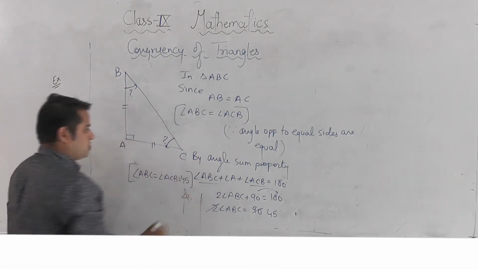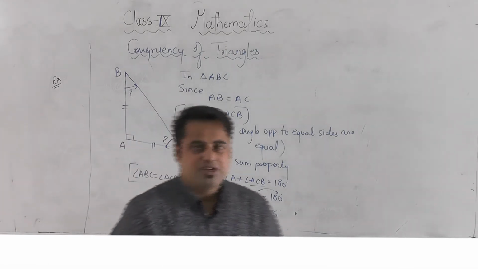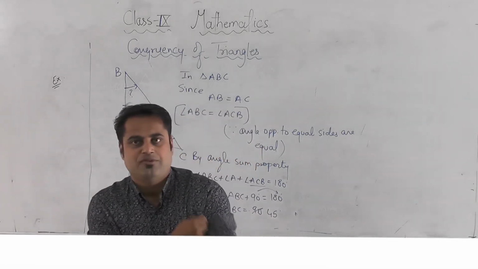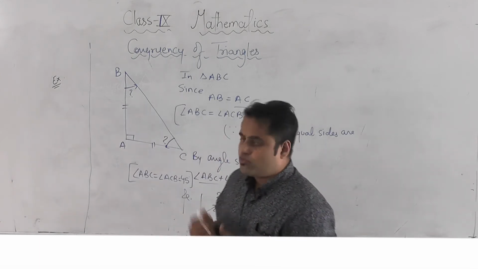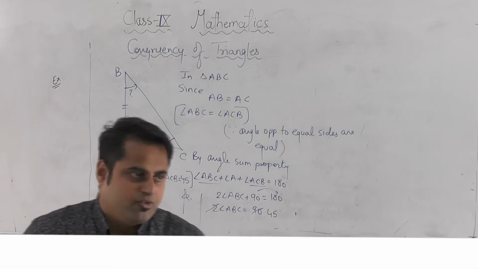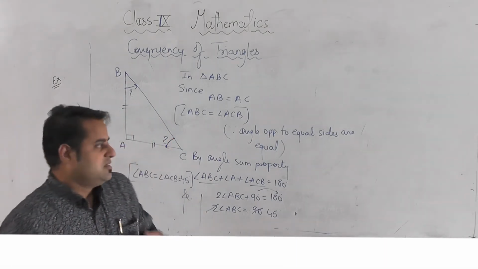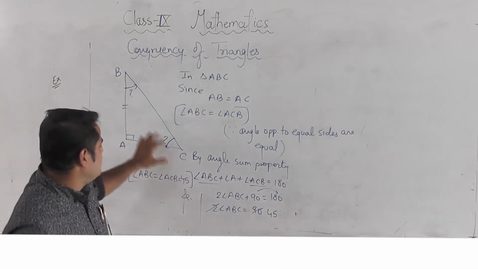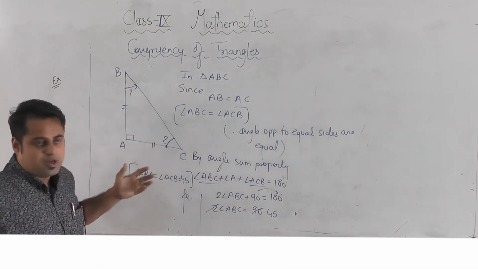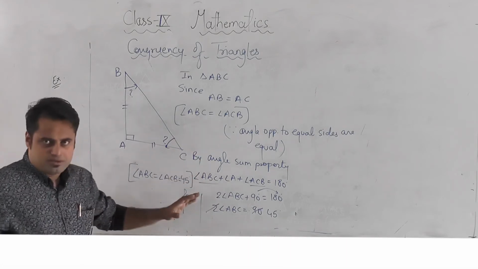So this is how you get it. In mathematics, whenever some things have been given and you need to prove another thing, you need to write some write-up for that. We can't give the answer directly. You can't just assume these two angles are equal, put the value as x and do it.